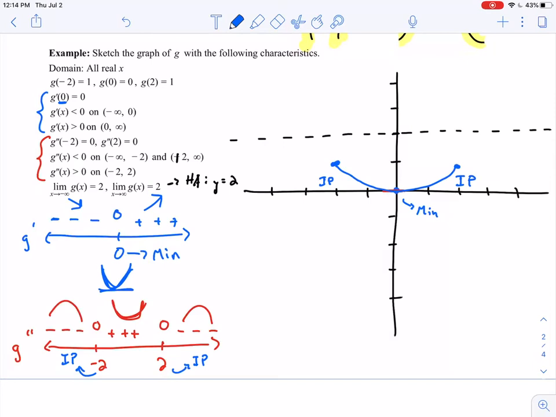The outside edges might be a little bit trickier to handle. Let's start over here on the left-hand side of our function. If we look at the left end behavior, there we said our graph was concave down. I always like to draw that. Oops, concave downward. And if I think about what my function is doing there, it's decreasing. It should look something like this.